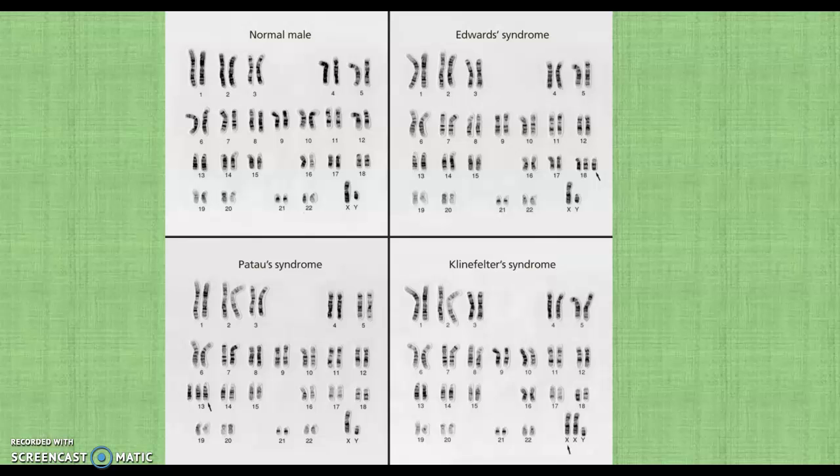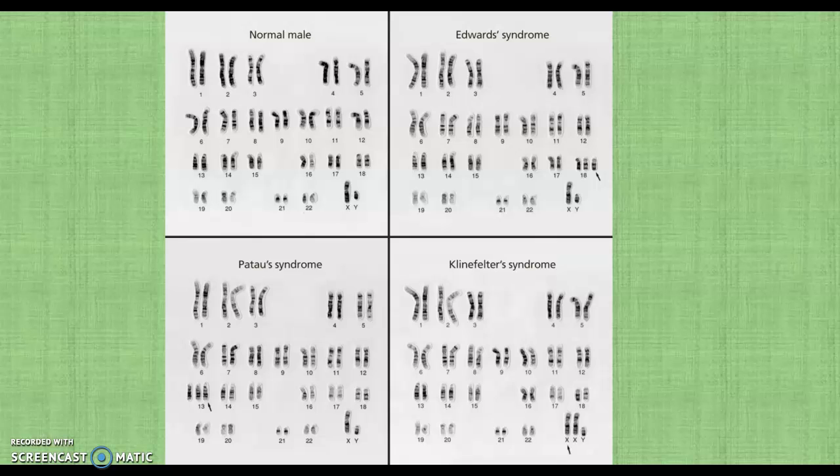And we've seen these before. A karyotype is going to show you all of the chromosome pairs by chromosome number, and you can see them here. If you have extras, that's a genetic disorder. If there are missing chromosomes, that's a genetic disorder, or even missing parts of a chromosome.